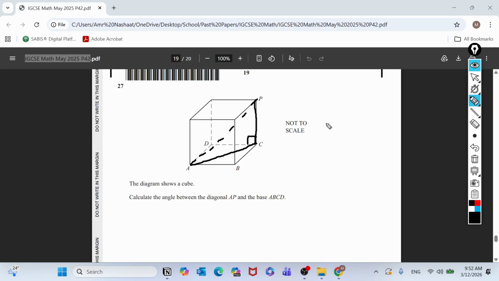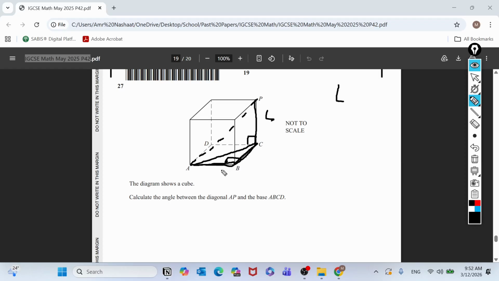So what's the length? No, they didn't give us any length. That means probably the length will cancel out. So I'm just going to use L. So this is L, and this is what? This you can use Pythagoras' theorem, because this is a right triangle.